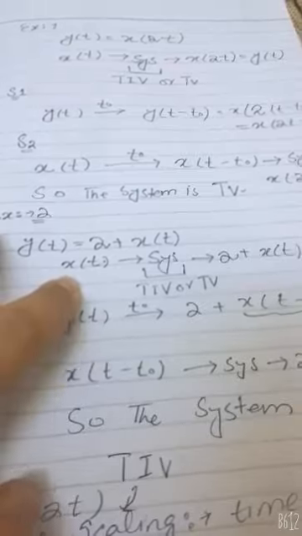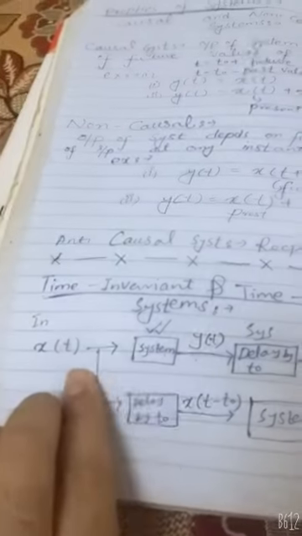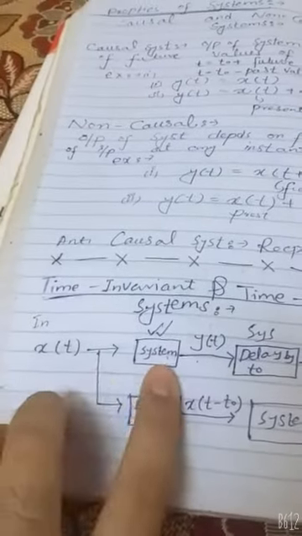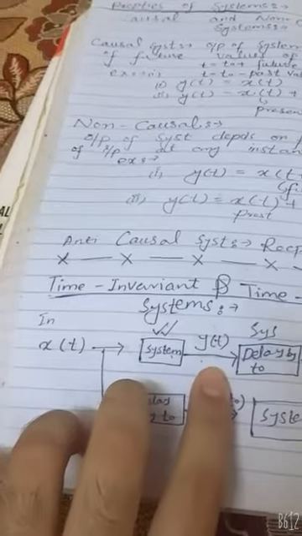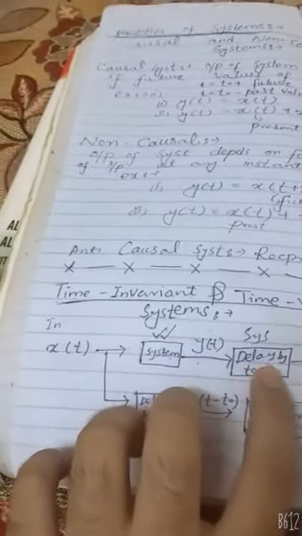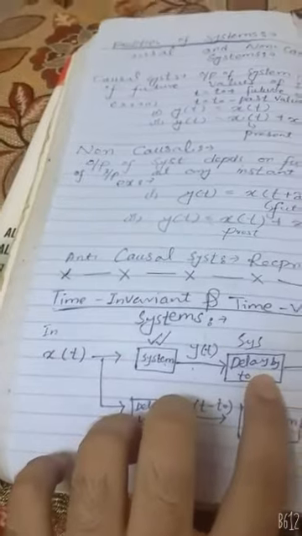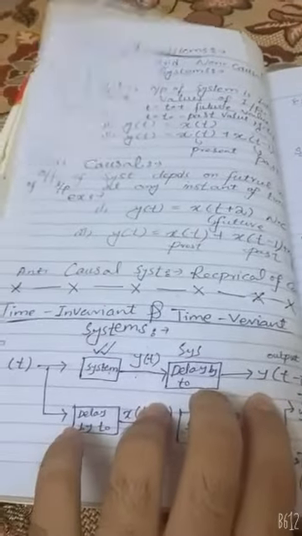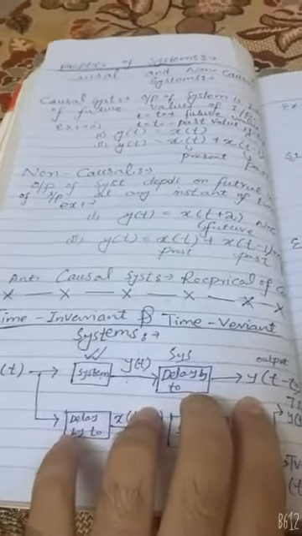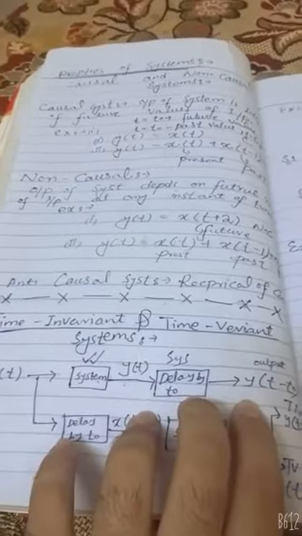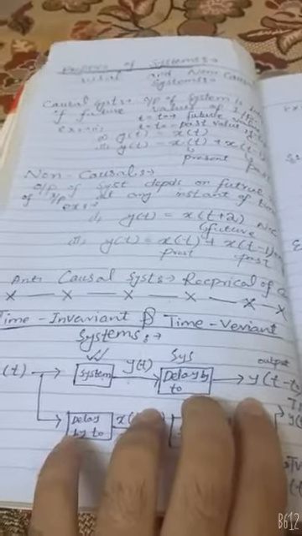Step number 1 is what we defined in the previous video. We pass x of t through the system, and the output occurs here, y of t. This output is then passed through the system, where we bring in some delay t naught and check the output of the system, to see whether the system causes some time delay or not.